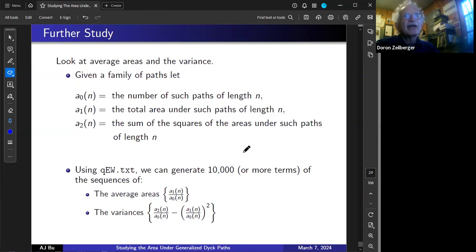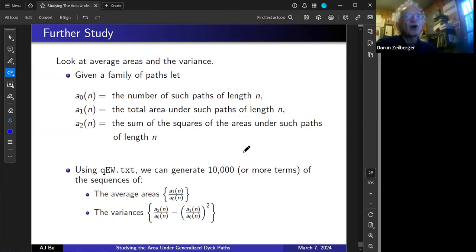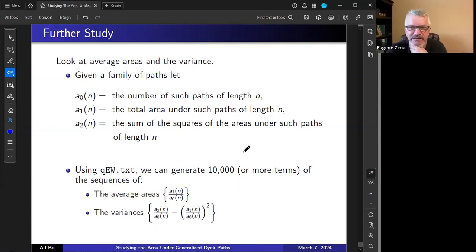So this explains, right? There is something with those paths that is always quadratic. So you do not expect a generating function of higher degree. Or if they are higher degree, they might be factored into quadratic and linear.